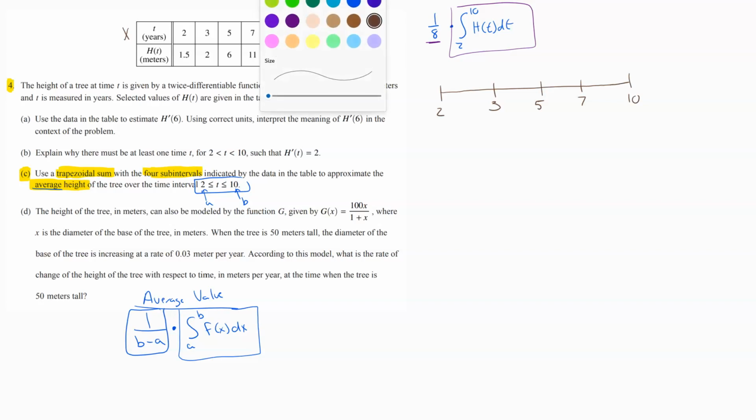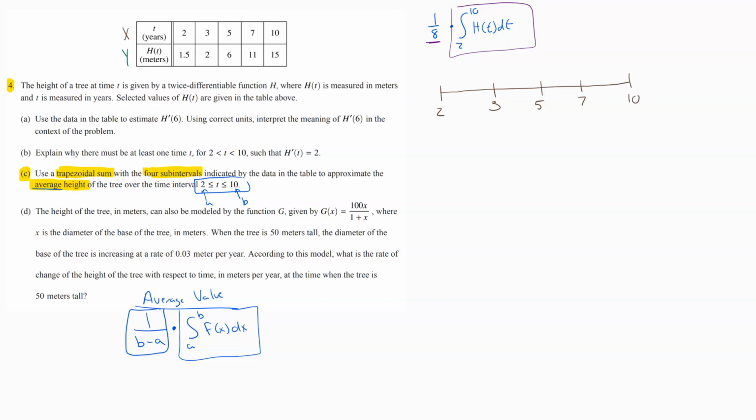And then I come back in and I put the y values that would be with each of those x values right above them. So with 2 would go 1.5, with 3 would go 2, with 5 I would put 6, with 7 I would put 11, and with 10 I would put 15. And then I come back through and I just call that area 1, area 2, area 3, area 4.